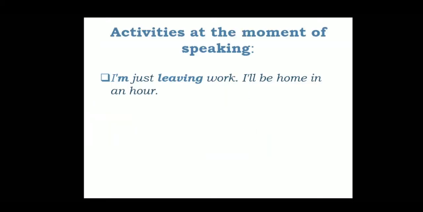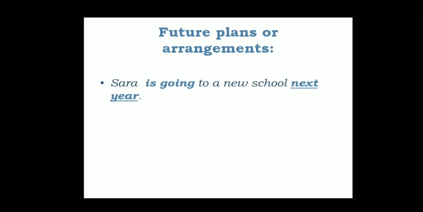We use the present continuous to talk about activities at the moment of speaking. For example, I am just leaving work. I'll be home in an hour. We use the present continuous to talk about future plans or arrangements. For example, Sarah is going to a new school next year.